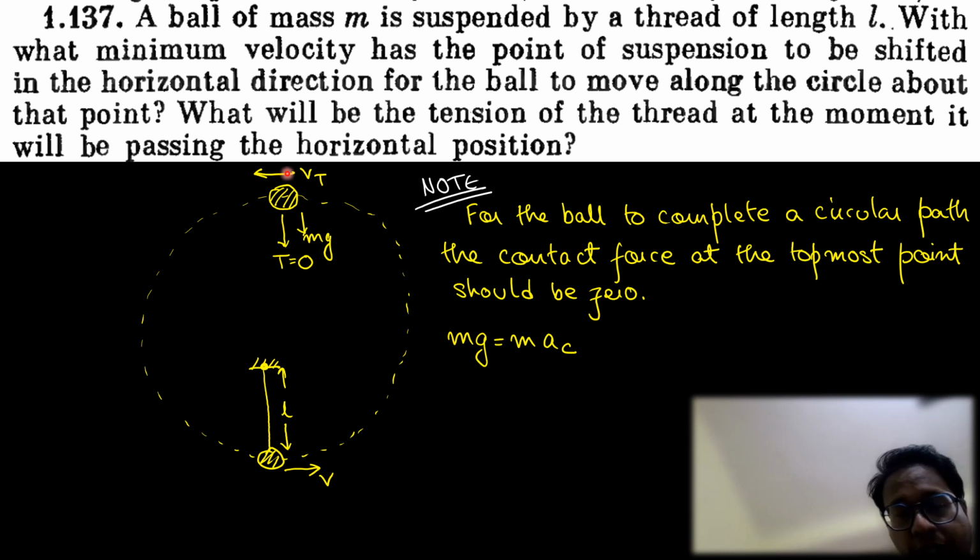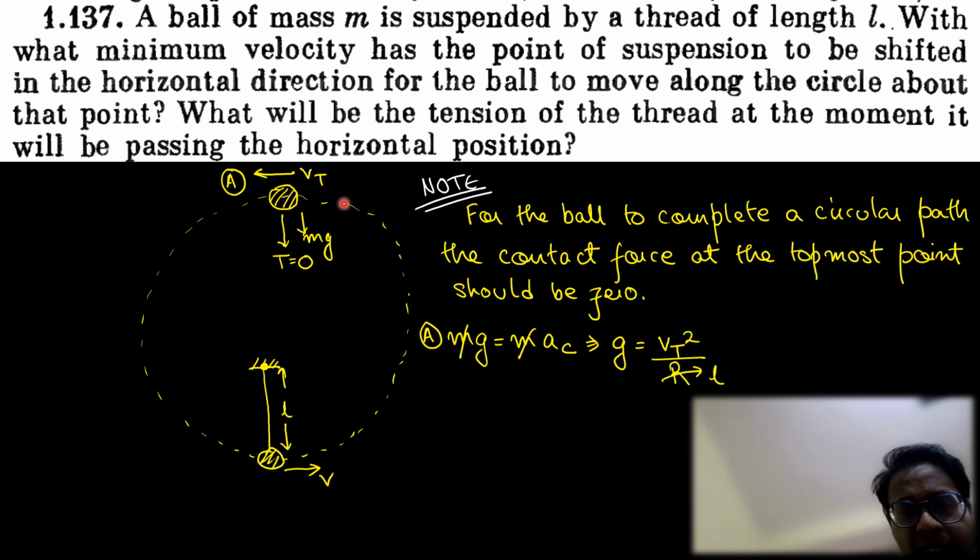Mass cancels, so g is nothing but centripetal acceleration, which is v square by r, or vt square by r. Here the value of r in this circle is nothing but the distance l, so r is equal to l.